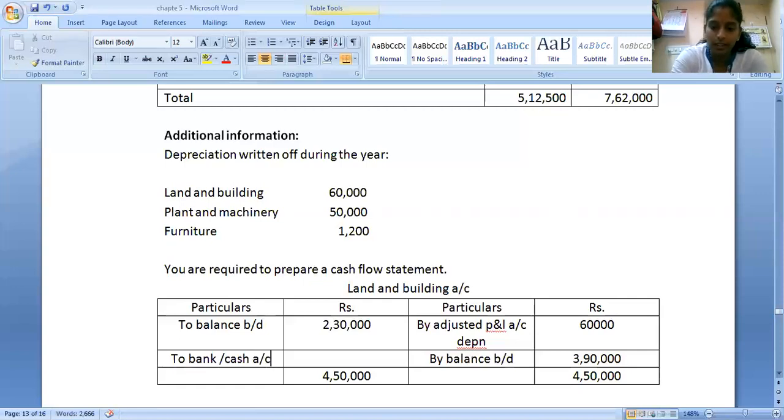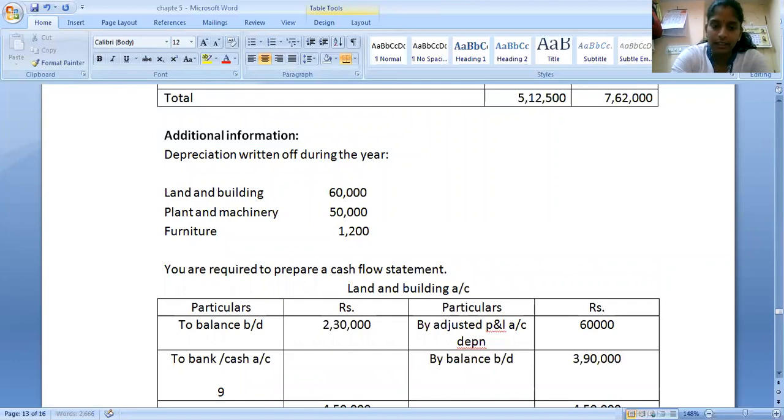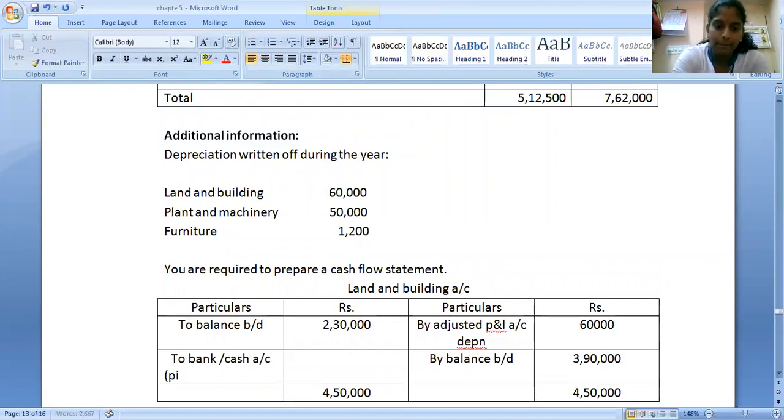So which is indicating purchases balancing figure. Okay. So the value is 2,20,000. 2,20,000 is the purchases value.